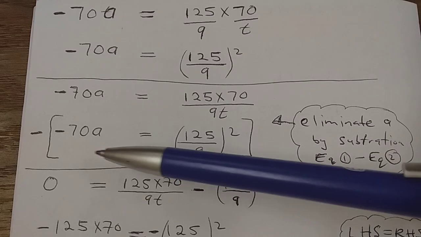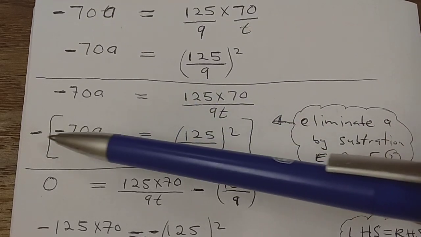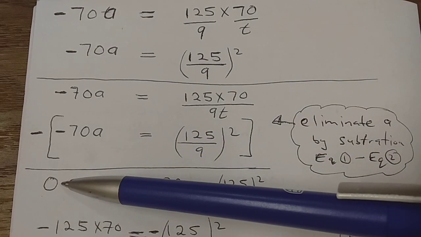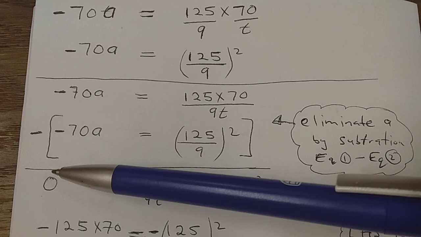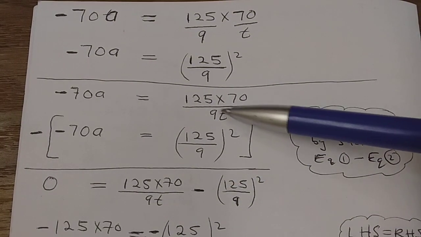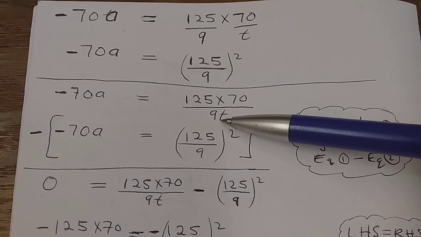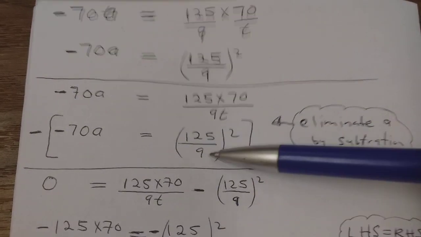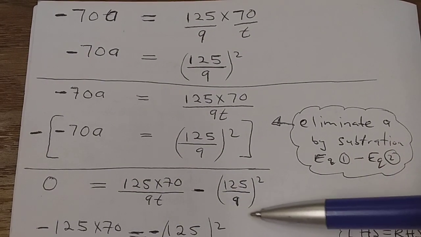So similarly, negative 70a and negative 70a, a negative and a negative will give you a positive. Then it becomes negative 70a plus 70a, 0. 125 times 70 over 9t minus that. So 0 is equal to this.